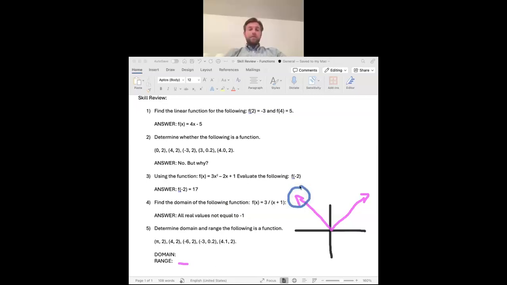Oh, that it keeps going. Keeps going which way? It looks like it's pointing up. True. But remember, for the horizontal direction, it's moving this way, so less. Right, so negative. Negative infinity. So the domain starts at negative infinity and works all the way to what? Positive infinity. Right.